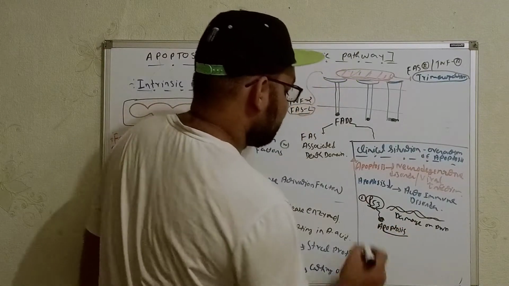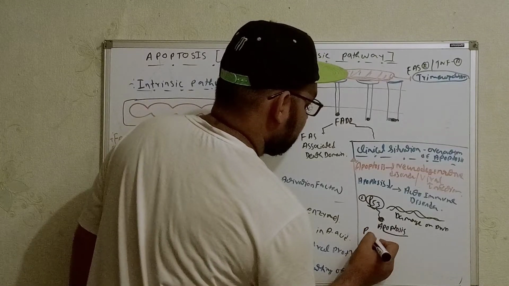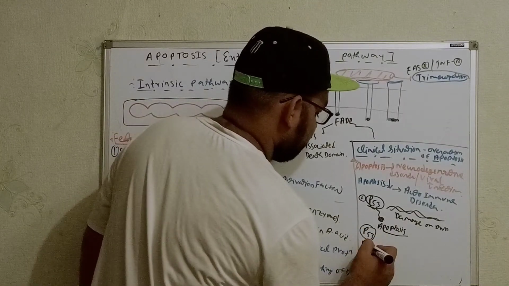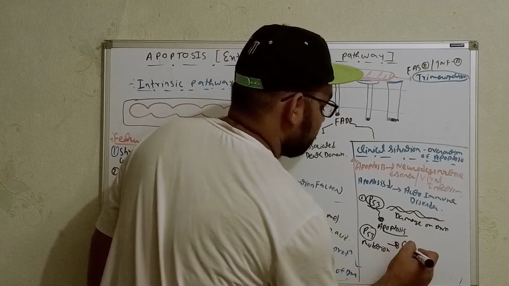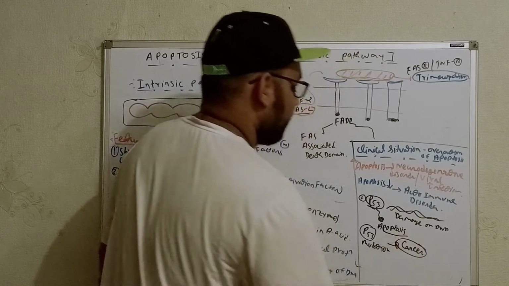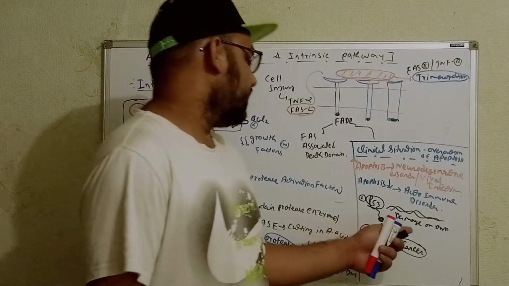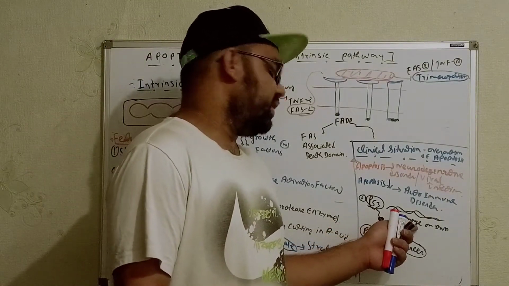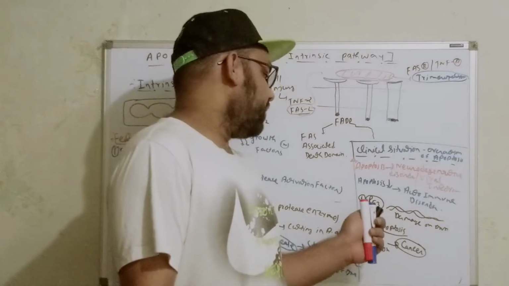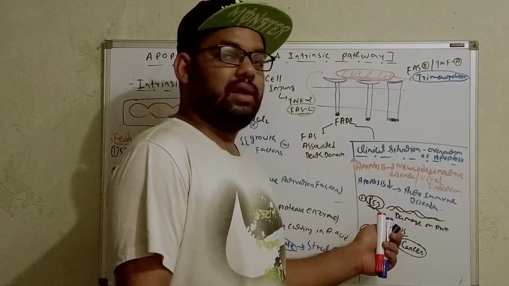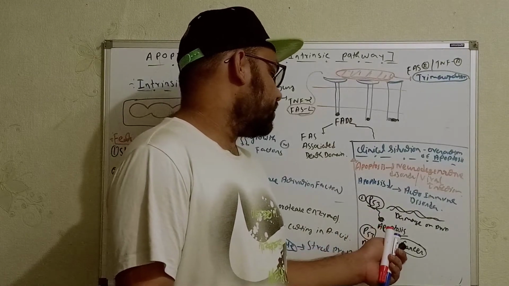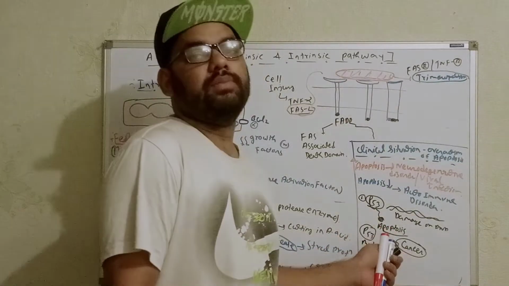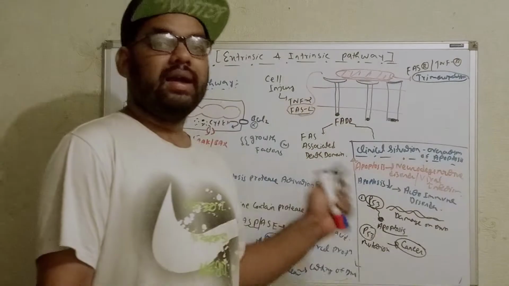For any reason, if there are mutations at the level of the P53 gene, then definitely that will cause cancer. At first, if we see any type of damage on DNA, the P53 gene will do the apoptosis of the cell. Now, if there are mutations on the P53 gene, then definitely there will be formation of cancers.